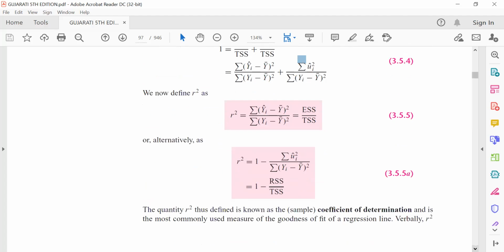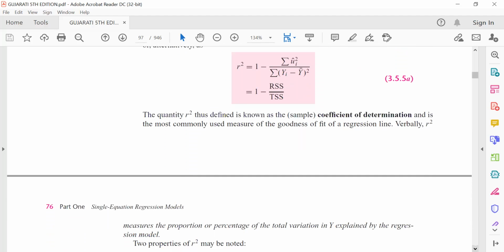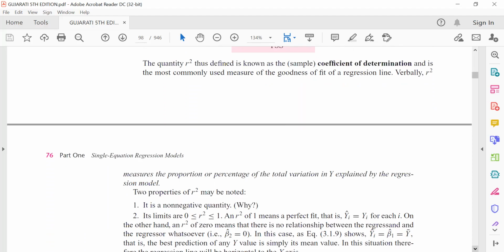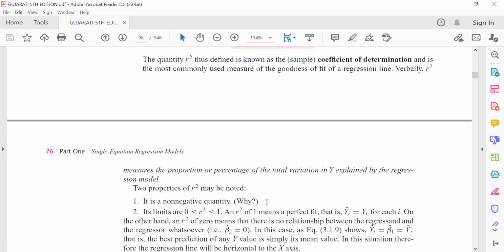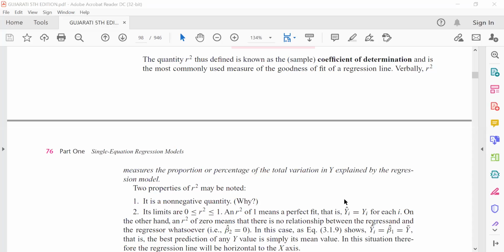Okay. The R square coefficient of determinations runs from 0 to 1. Okay. It is a non-negative quantity. Why non-negative? Because it's square. Square of negative is positive. Its limits are 0 and maximum is 1. Why? Because 0 means no correlations, no determinations. 1 is perfect, but 1 is impossible to get in the real world.